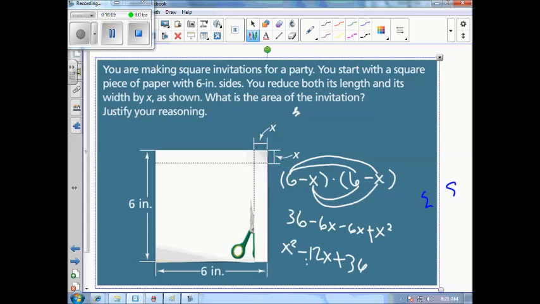I appreciate also that they put it in standard form. We talked about standard form last time, which is in descending power: x squared, x to the first, and then x to the 0. Okay, everyone give them a round of applause.